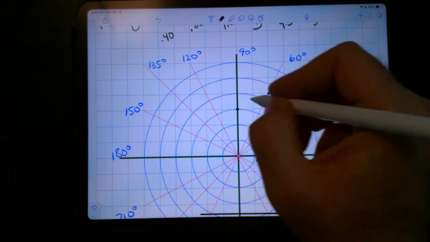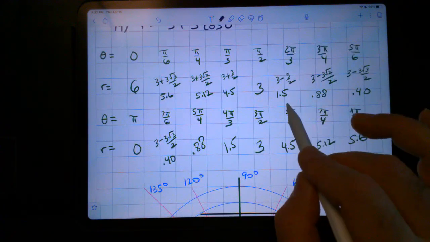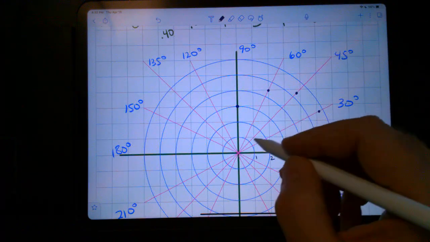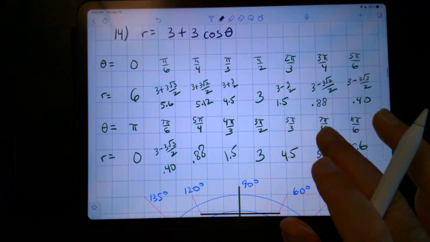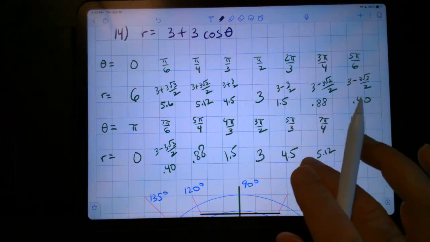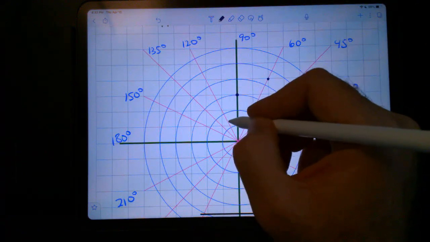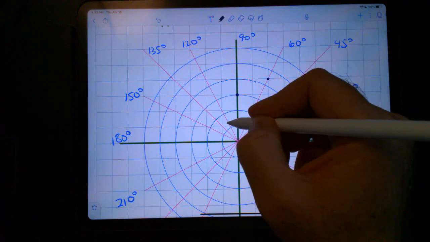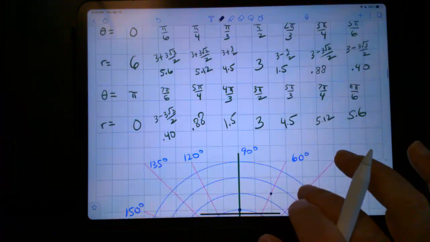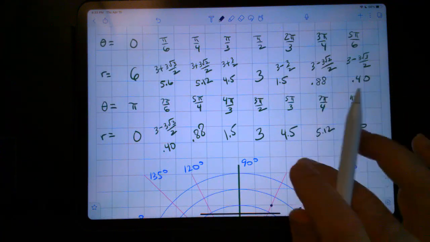And then it's going to be reflexive. When theta is 2 pi over 3, r is 1.5. I'm sorry, not reflexive. When theta is 3 pi over 4, r is 0.88.